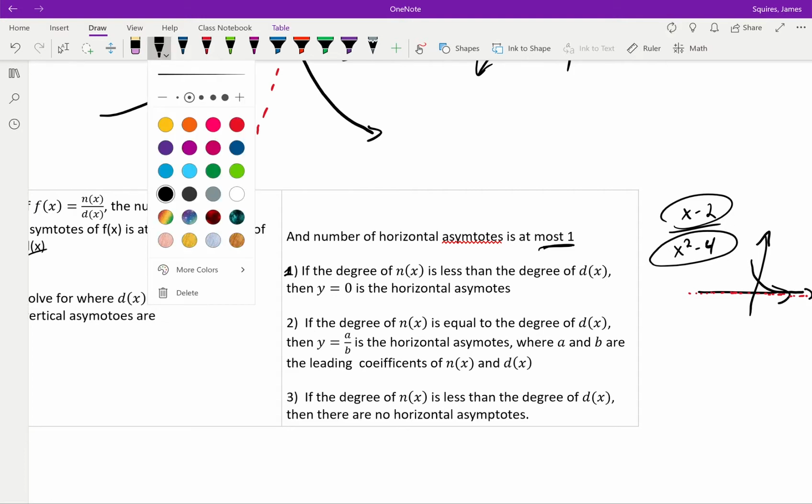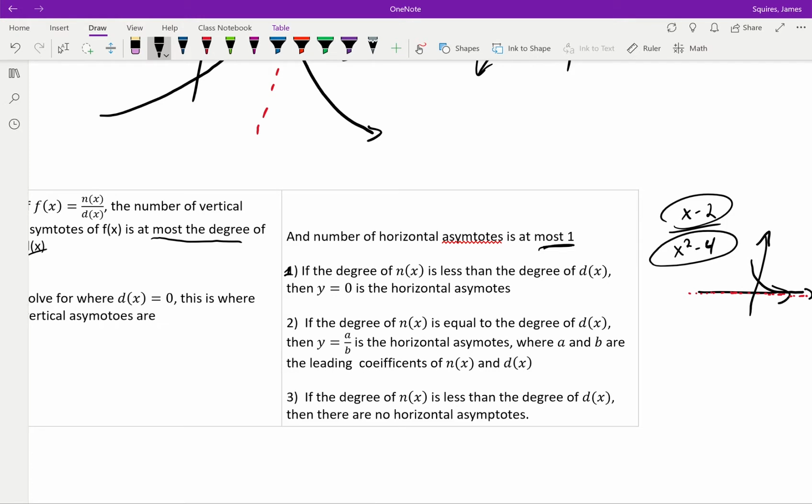Alright, the second rule for dealing with horizontal asymptotes. If the degree of n of x is equal to the degree of d of x, then y equals a over b is the value of the horizontal asymptote, where a and b are the leading coefficients of n of x and d of x.